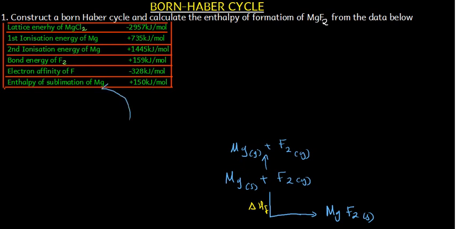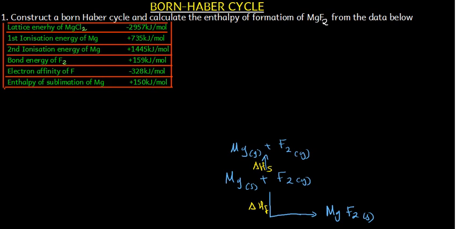For this one, we've been given sublimation, and so we're going to use sublimation. If we are given the enthalpy of atomization, we use that one. It's the same. And so at this stage, for us to convert magnesium solid to magnesium gas, we need the enthalpy of sublimation.